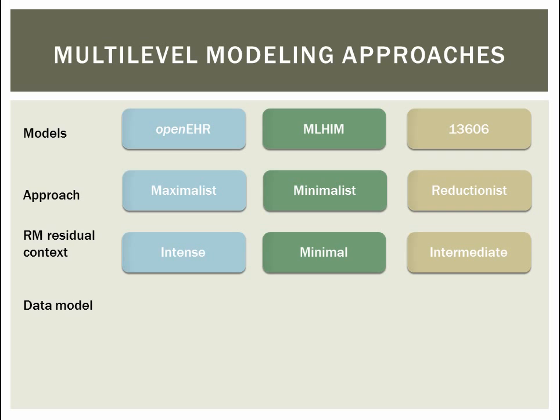How is the data model for those approaches? In OpenEHR, archetypes are defined as maximum data models for a given concept. What does that mean? That means that an OpenEHR archetype should be completely comprehensive and should collect all the elements, all the variables that are related to a certain healthcare concept.